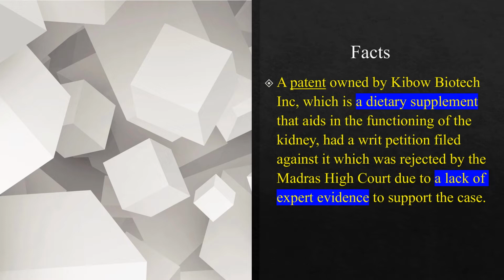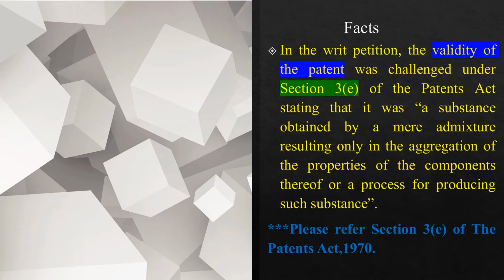That means someone has filed a writ petition against this company, and this was rejected by the Madras High Court. What is the reason? The reason is a lack of expert evidence to support the case. This is a very brief description of this particular case. Let us proceed with some more facts.